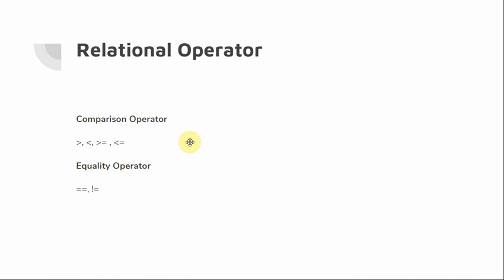These are all comparison operators. They compare values, greater than or less than. And then there is the equality operator, where we check if two operands or two values are equal, which is done by double equal. And if we want to check if they are not equal, we use the exclamation sign followed by equal, which is not equal to. That's how we compare things.